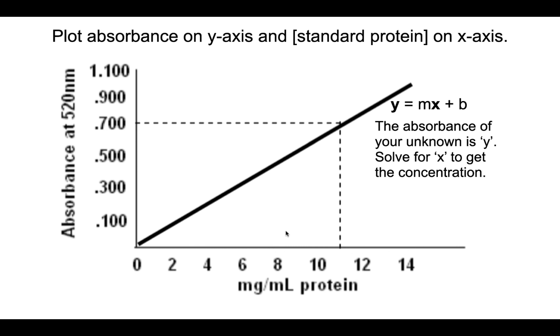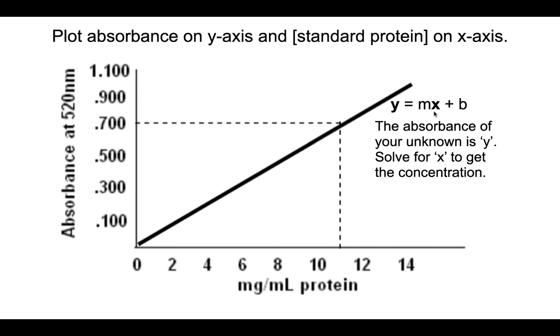The better way to do that is this line has an equation to it. You can get that equation from Excel when you build that graph in the first place. It'll have the form y equals mx plus b, where y is your absorbance and x is the milligrams per mil of protein. You know the absorbance of your unknown protein sample, so you would plug that in for y.